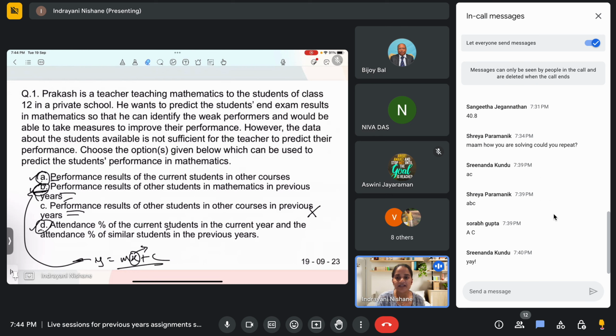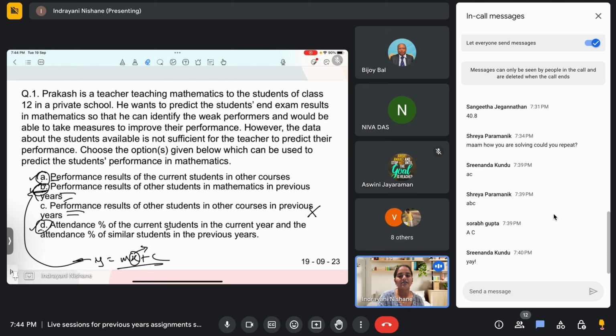Now coming to option C, performance results of other students in other courses in previous years, in the last 1, 2, 3 years: how those students were performing in different subjects, not maths. That will not help us in coming up with the regression model, right?